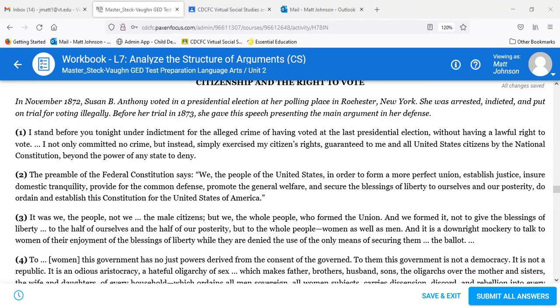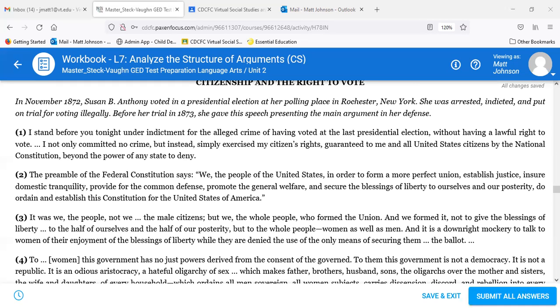The preamble of the federal constitution says, "We, the people of the United States, in order to form a more perfect union, establish justice, insure domestic tranquility, provide for the common defense, promote the general welfare, and secure the blessings of liberty to ourselves and our posterity, do ordain and establish this constitution for the United States of America." It was we, the people, not we, the male citizens, but we, the whole people, who formed the union.